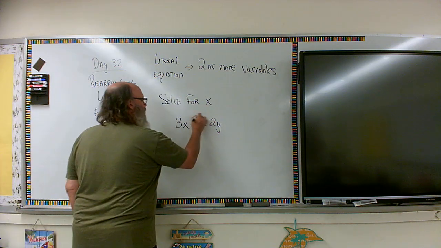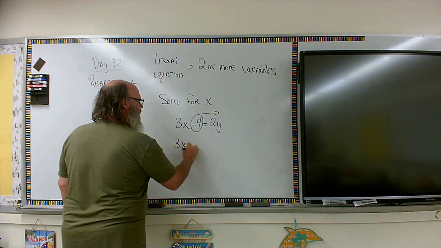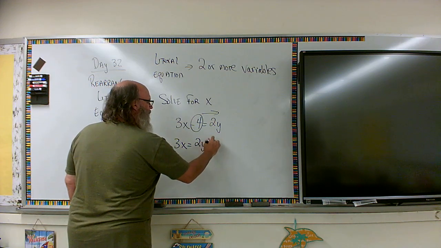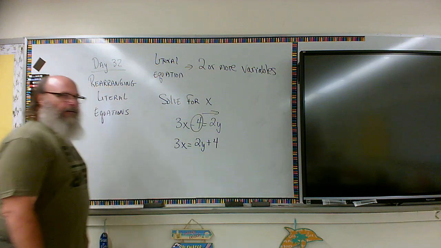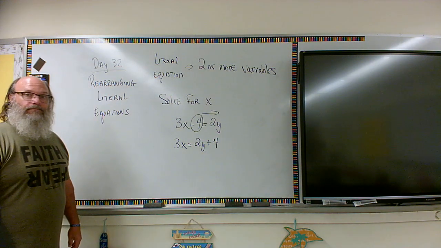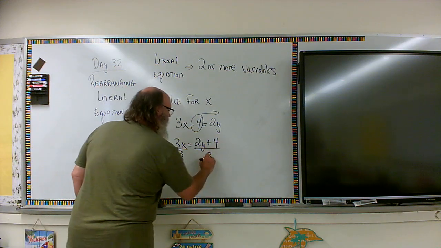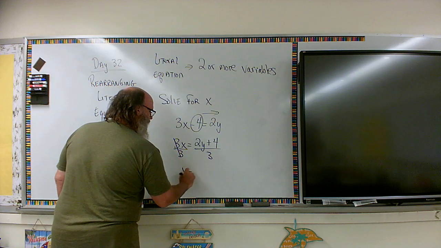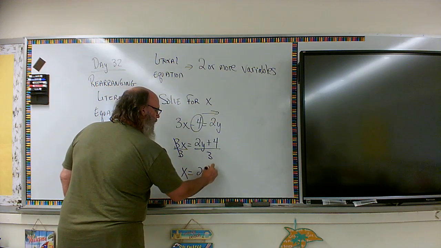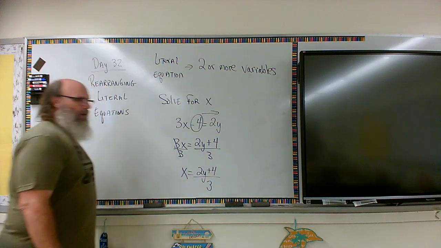The first thing I'm going to do is move this negative thing. Now I have to divide everything by the coefficient of x. And there's your solution.